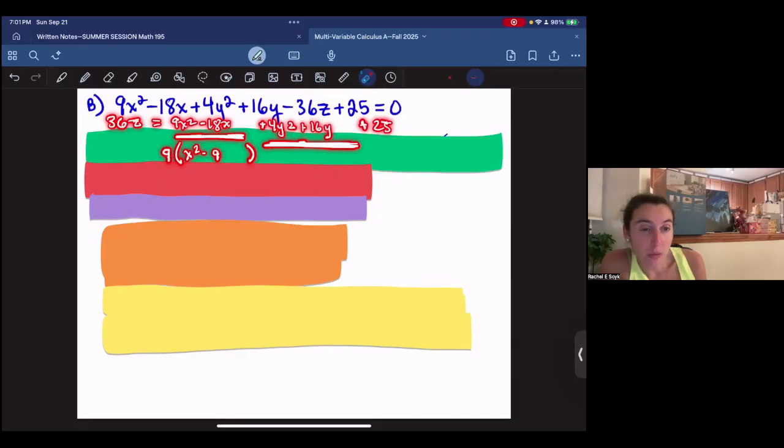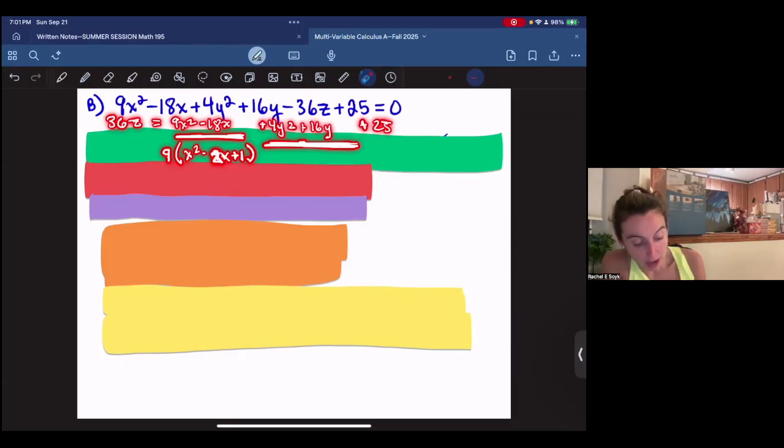And then it should be x squared minus 2x, and then leave some space. When you divide our negative 2x by 2, that just becomes negative 1, square it, and then you have a plus 1 here.